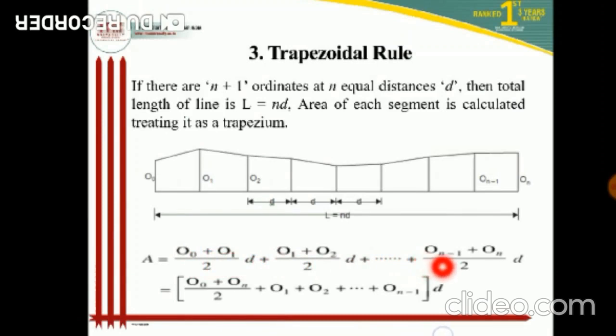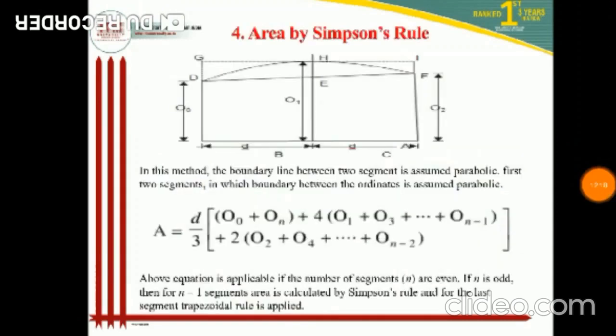It is multiplied by the term D, the distance of each division. So in this way we can calculate the area of any field by using the trapezoidal rule.